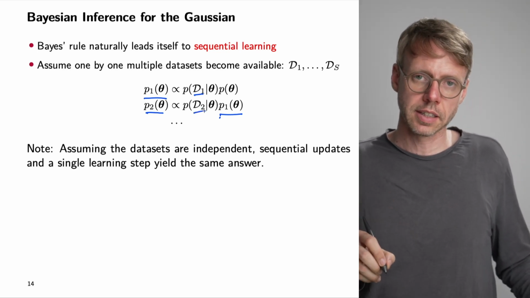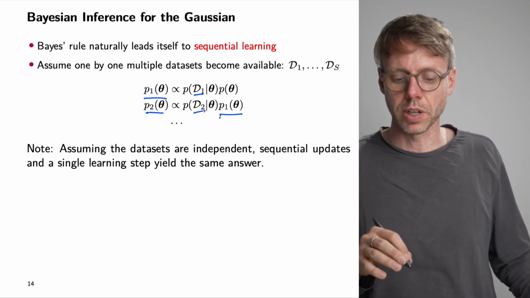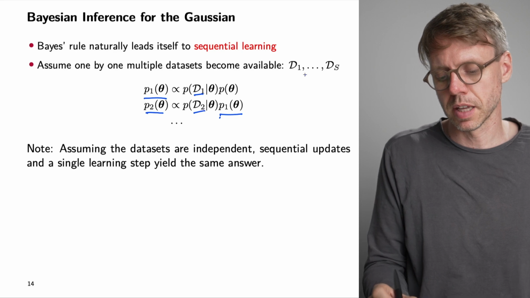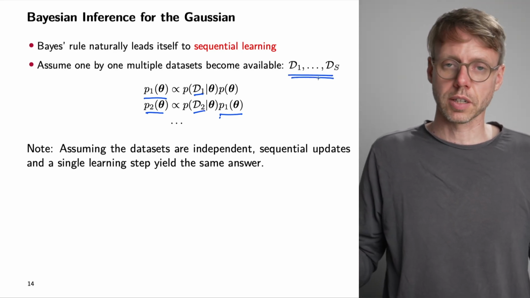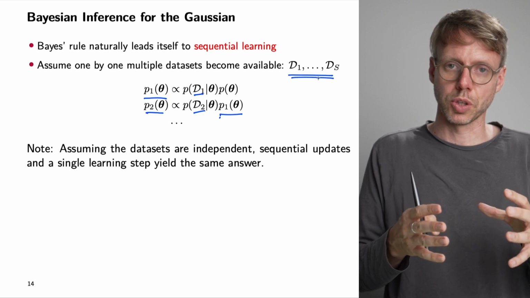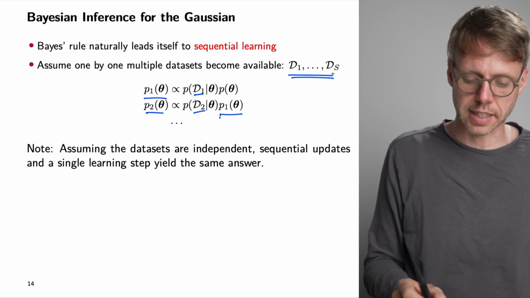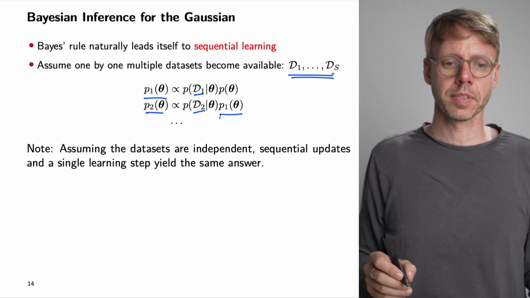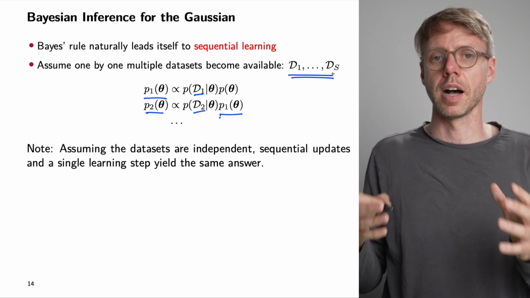In fact, the sequential procedure will yield exactly the same results as if we just created a union of all of these datasets, as long as all of these datasets are independent of each other. So the single-step learning and the sequential learning would yield the same answer.